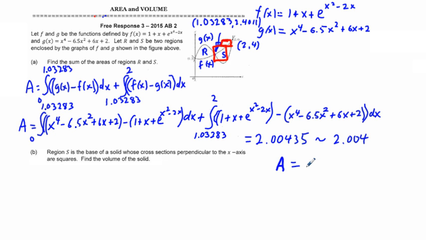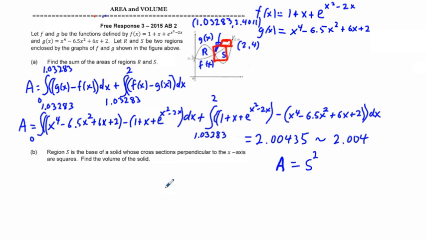So we take this distance between the top function, f of x in this case, minus g of x. We're going to find that base of the square. So let's go ahead and write out what that looks like.